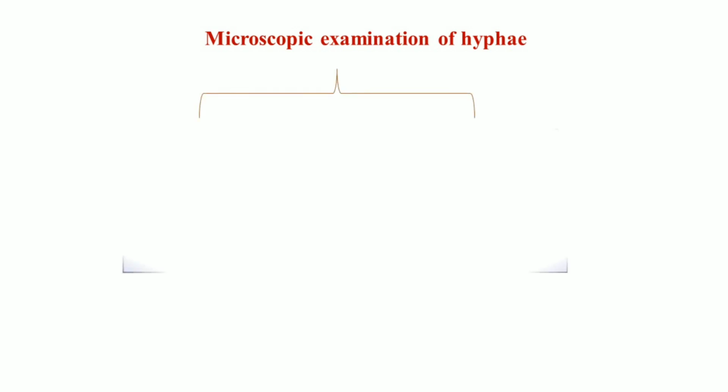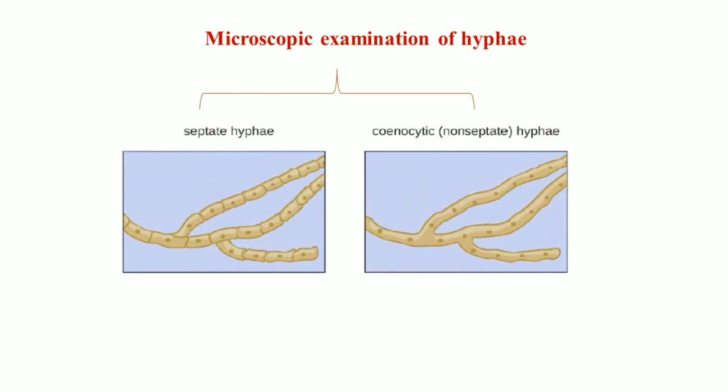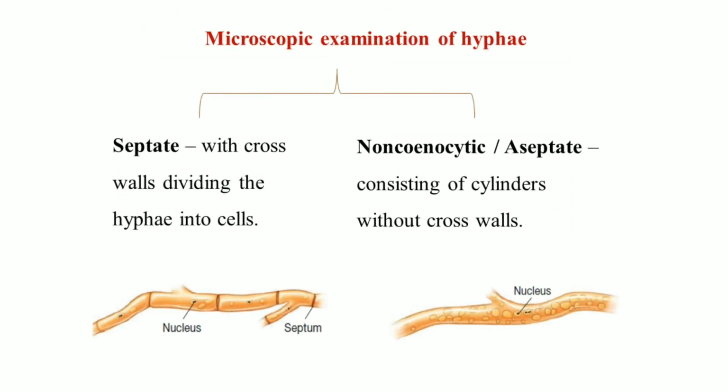Mold hyphae are divided into two groups: septate and aseptate hyphae. Septate hyphae have cross walls dividing the hyphae into cells. Non-septate, or aseptate, hyphae consist of cylinders without cross walls.